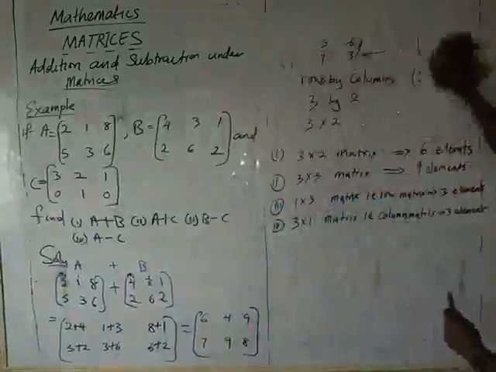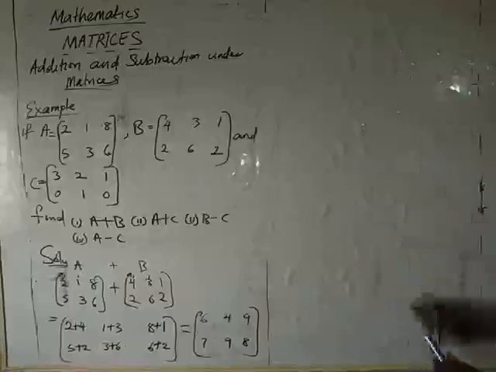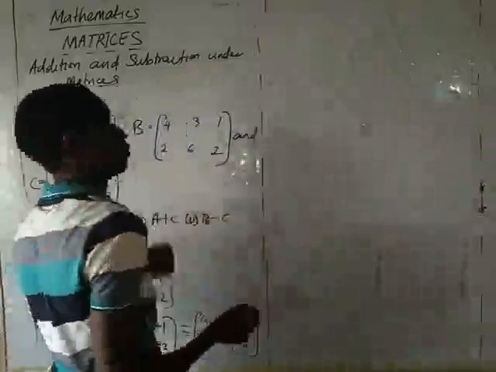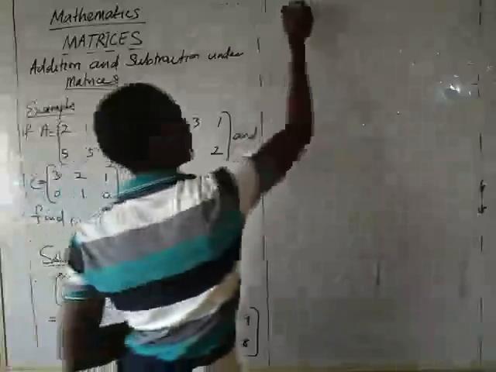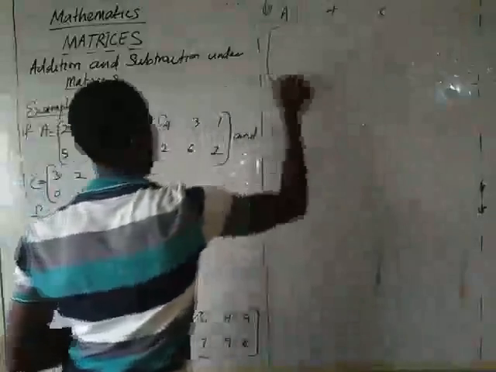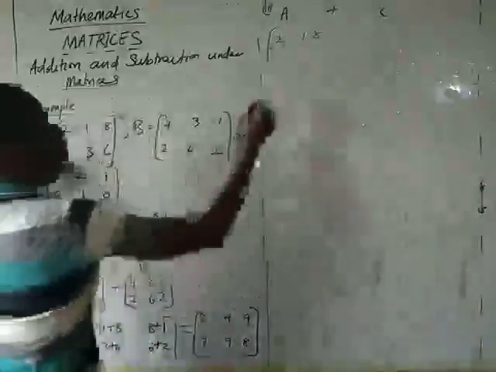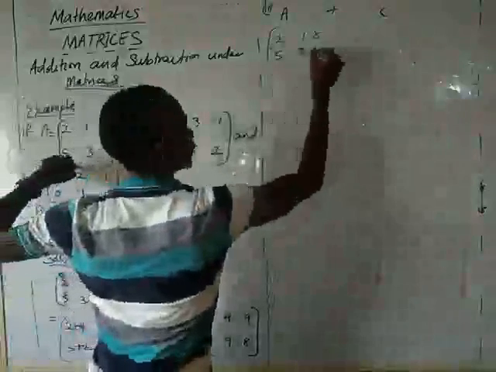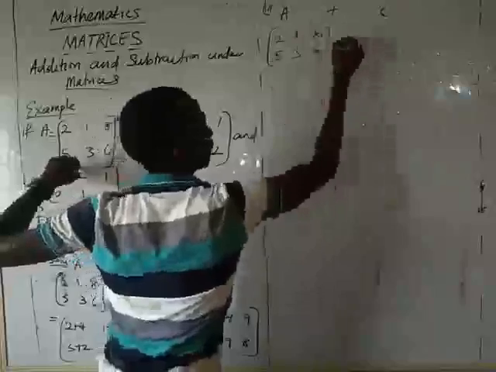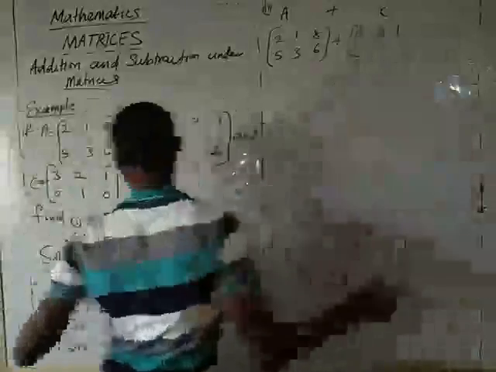Let's quickly move to the remaining part of the question, where we're having A plus C. With what I have done, I know possibly you'll be able to solve that even before getting there together. So we have A plus C. My A is 2, 1, 8, 5, 3, 6, plus my C, 3, 2, 1, and 0, 1, 0.